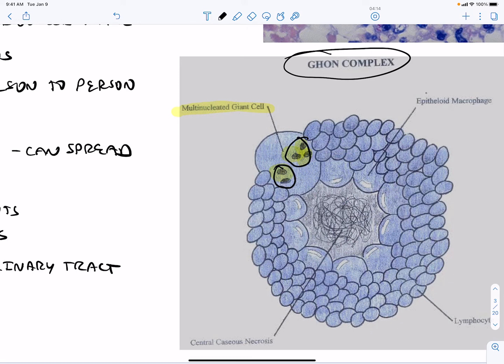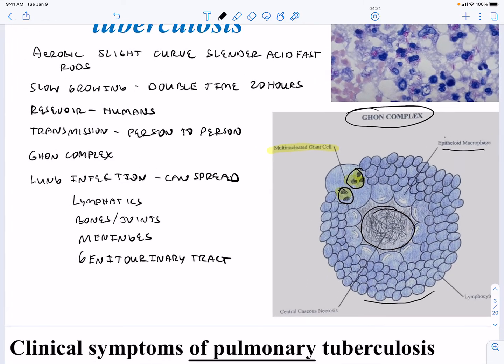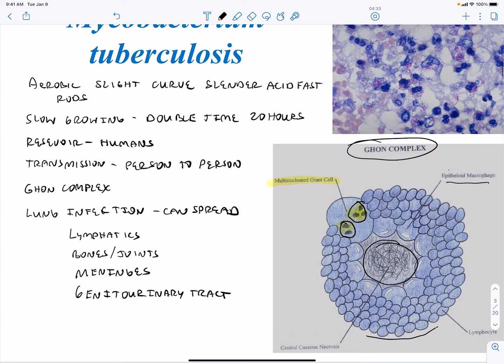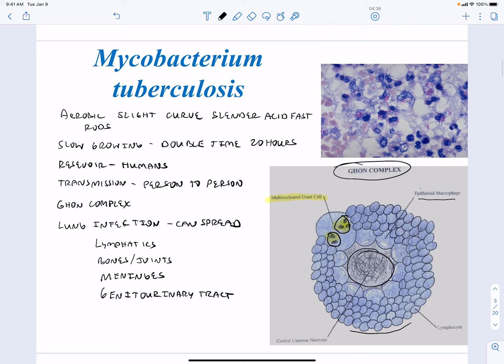The nuclei are just from individual macrophages, so it's not like it's dividing or anything, they're just fusing. You also have epithelioid macrophages present. You're going to be surrounded by a lymphocyte population, and in the center is always going to be some sort of necrosis, which is basically your dying epithelial cells and macrophages.